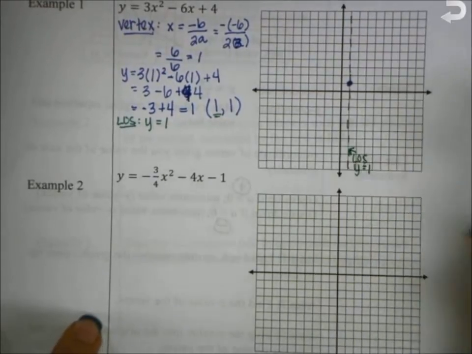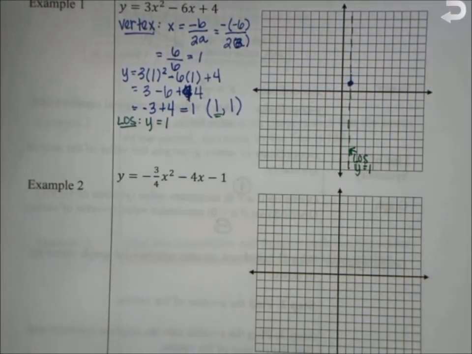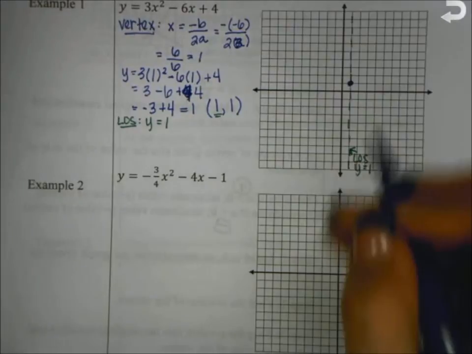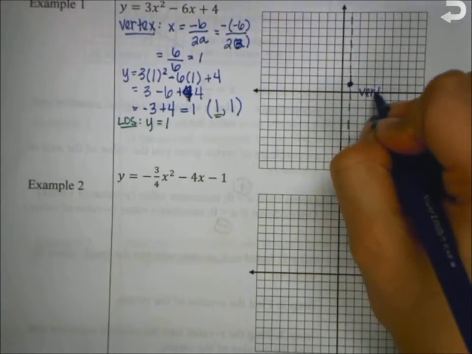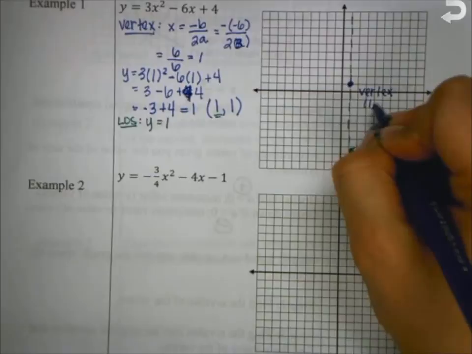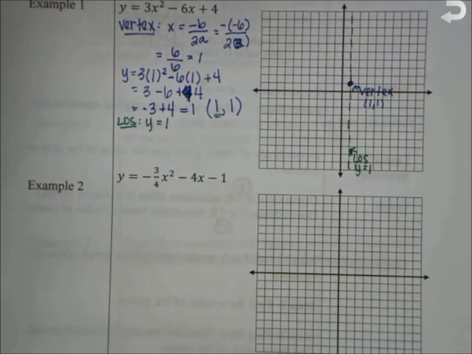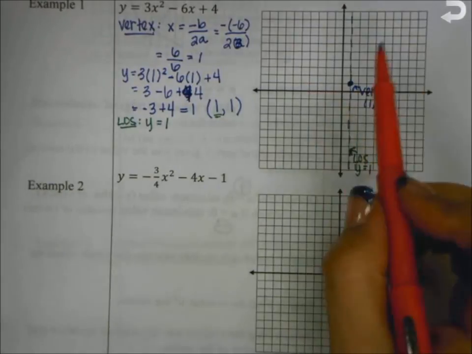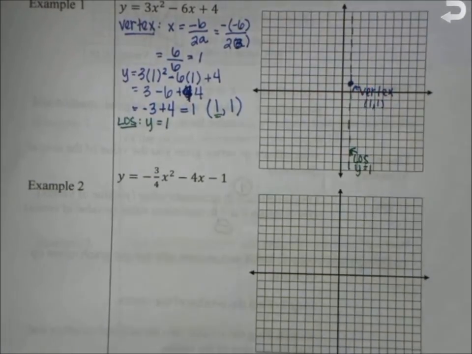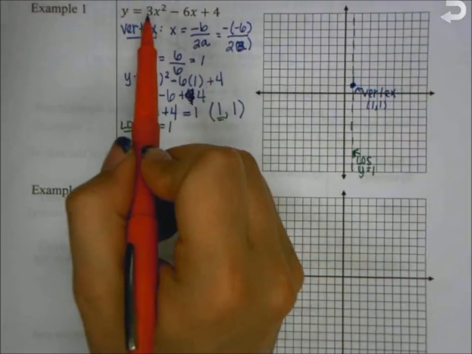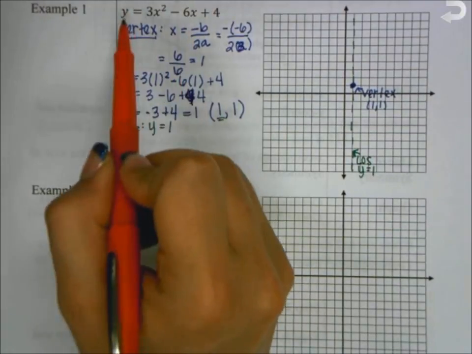I want to label my vertex at 1, 1. And then they just want us to sketch the parabola. I know that my vertex is at 1, 1, so that's either going to be my minimum or my maximum point. Look at our equation. Is my parabola going to open up or down?